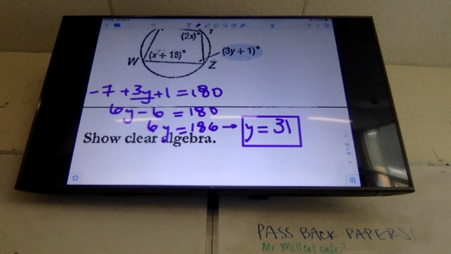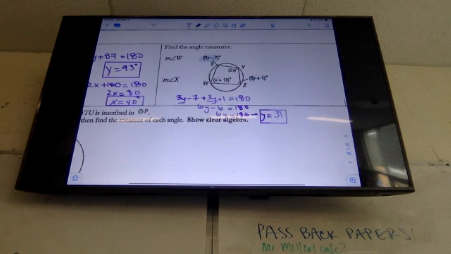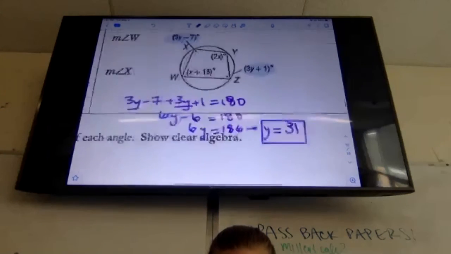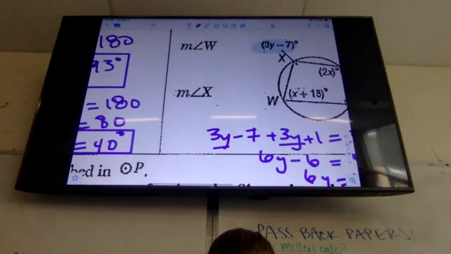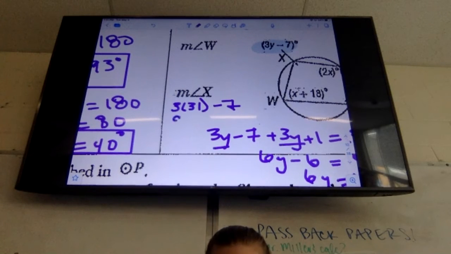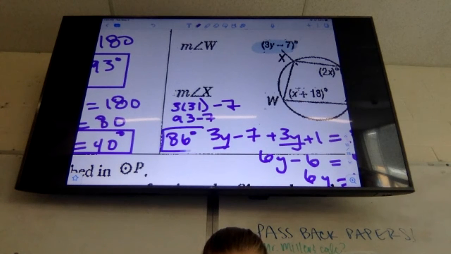We have to plug it back in to find W and to find X. Just plug it in. 3 times 31 minus 7. 93 minus 7. 86. Yeah, what's up?